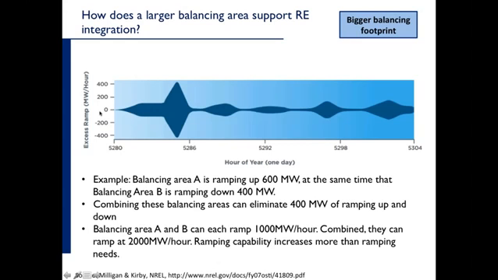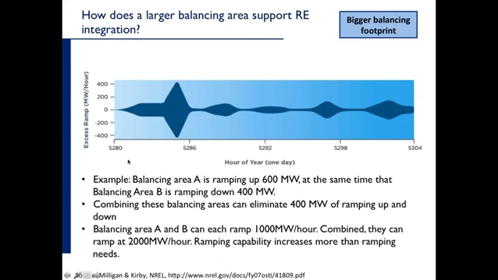This is ramping that does not need to happen, and I'm going to explain what this means in just a moment. But for the example, imagine that I'm talking about this part of the graph here where you see a positive 400 and a negative 400 megawatt ramp per hour.